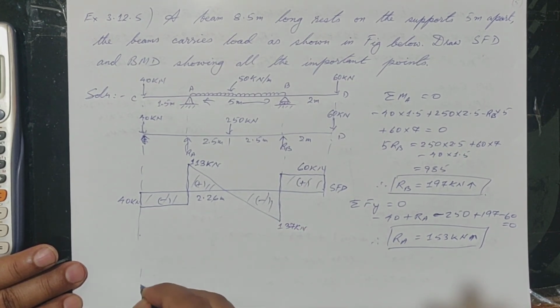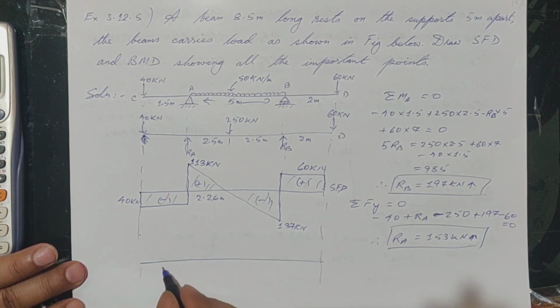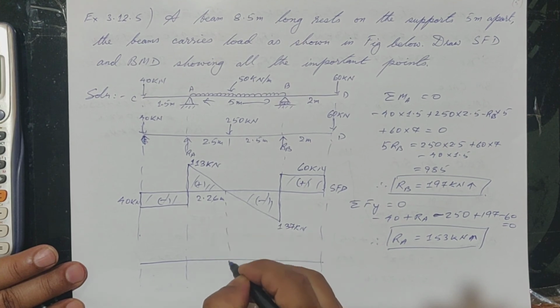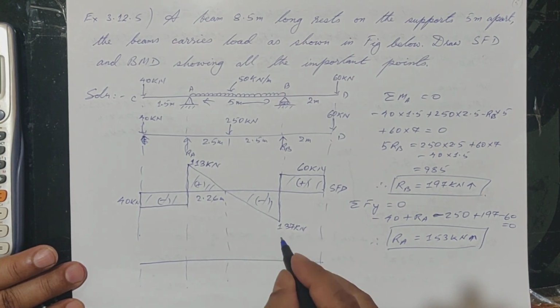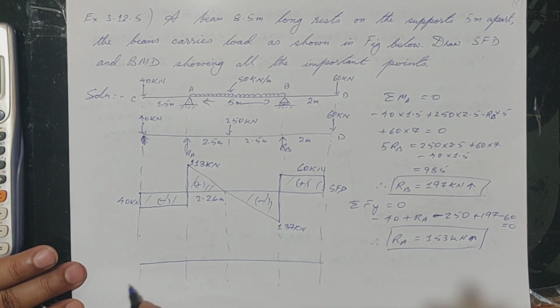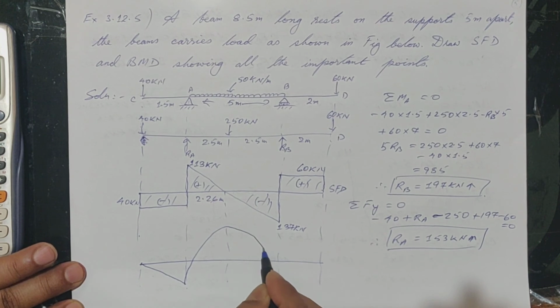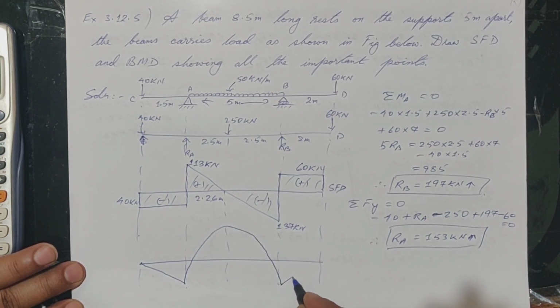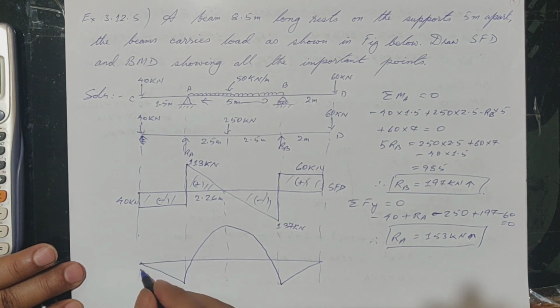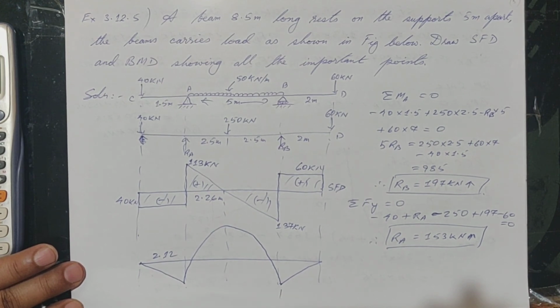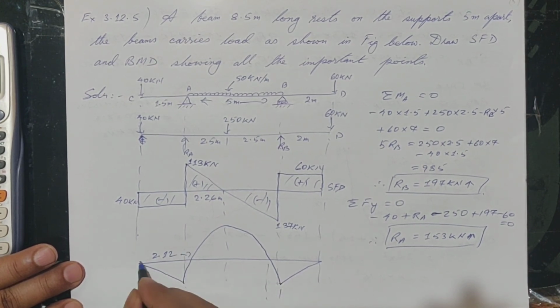Correspondingly, at the point where SF is zero we will have the maximum BM. So this will come down. This distance is 2.12, and this distance is 2.12.